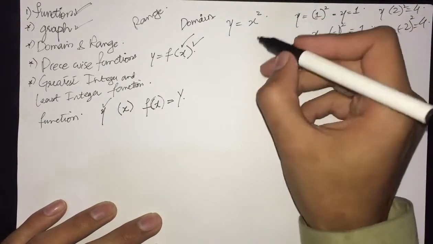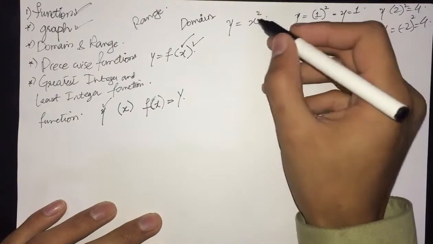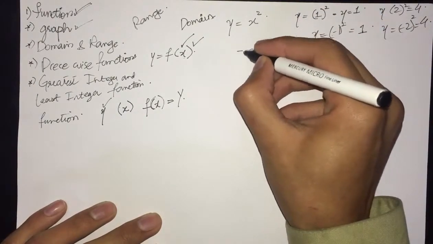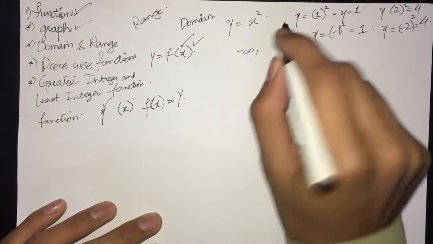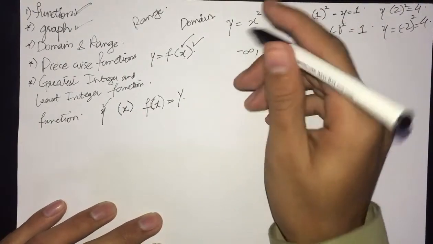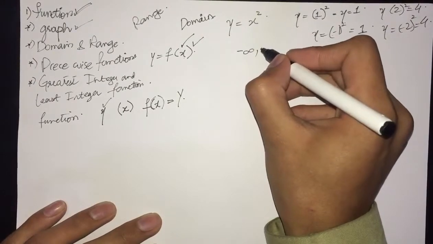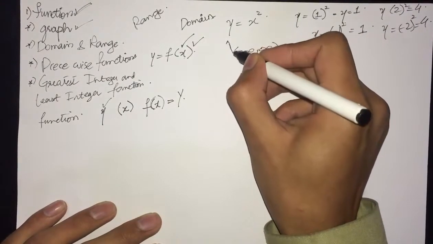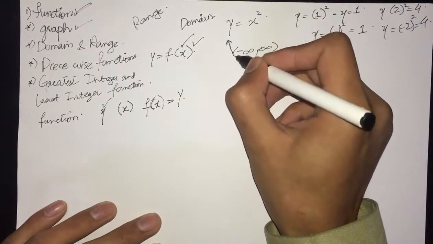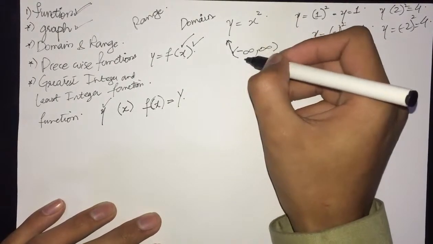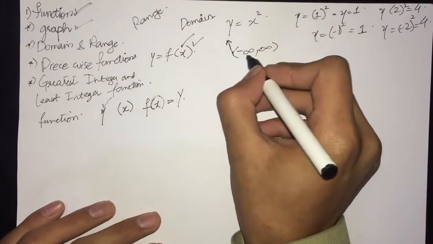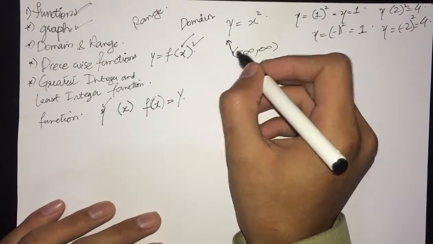So for example, the domain of this function is minus infinity up till infinity. We write domain in the form of intervals. So I write minus infinity and up to infinity. This parenthesis denotes that it's an open interval, so that means the infinity is not included.